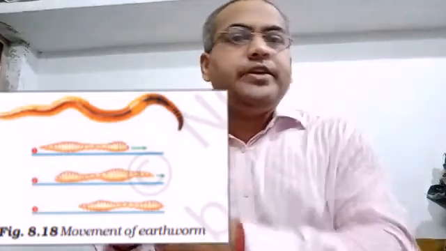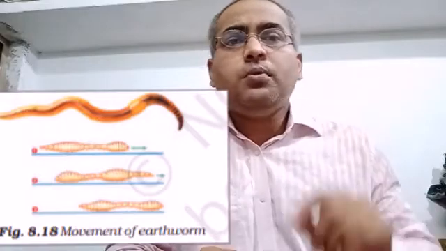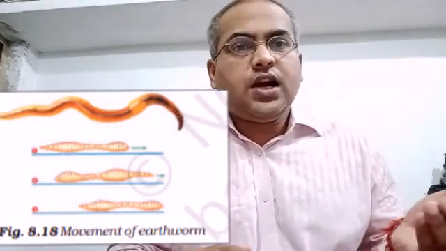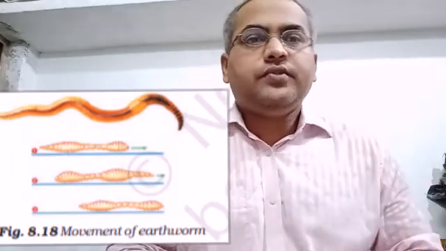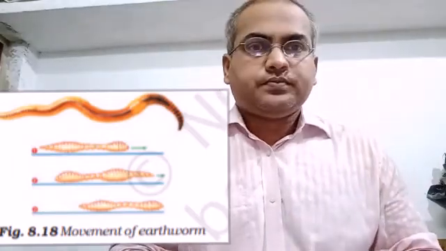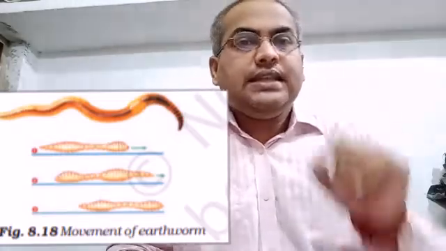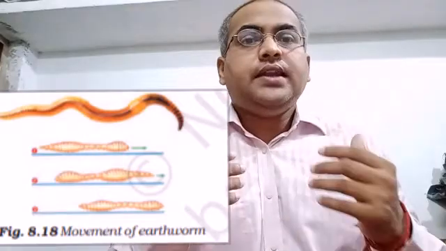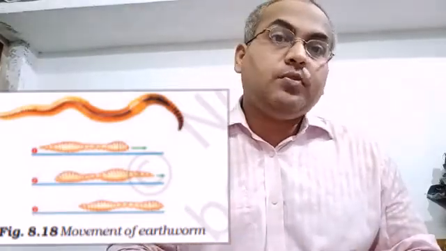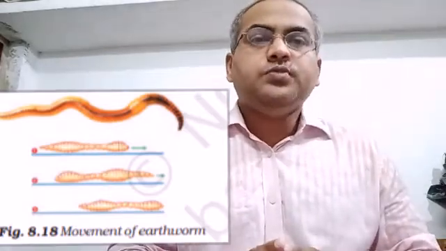There are very small microscopic structures on the underside of this earthworm. These are called setae or bristles. They are hair-like projections, but microscopic, and you have to observe them with the help of a microscope.